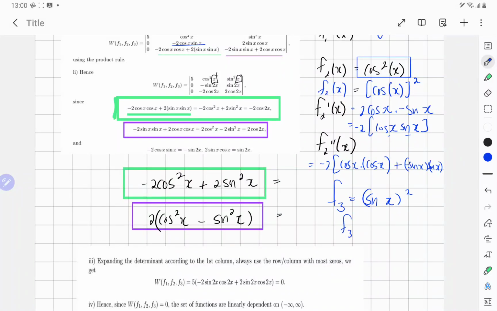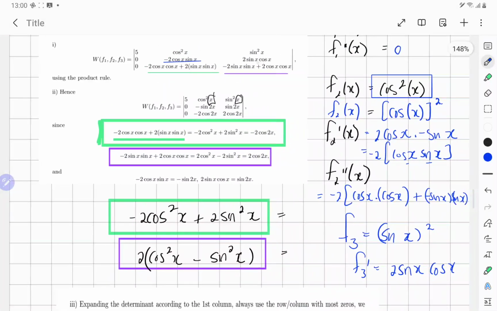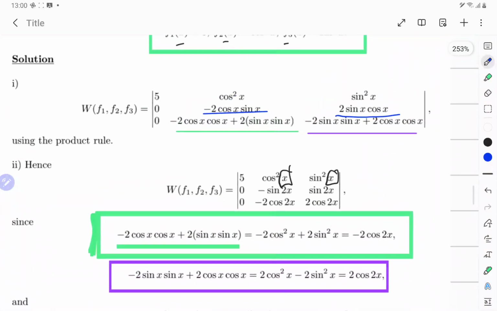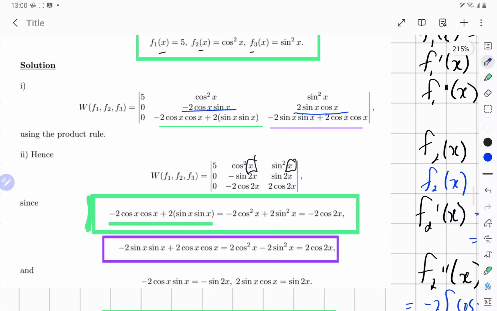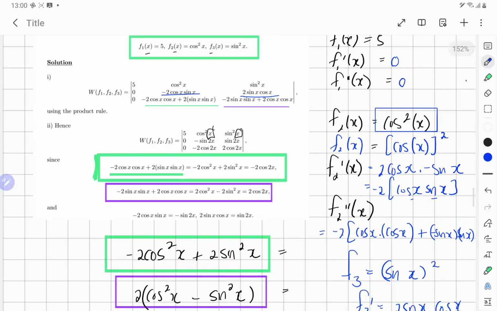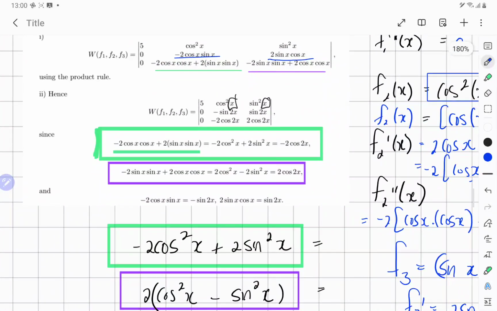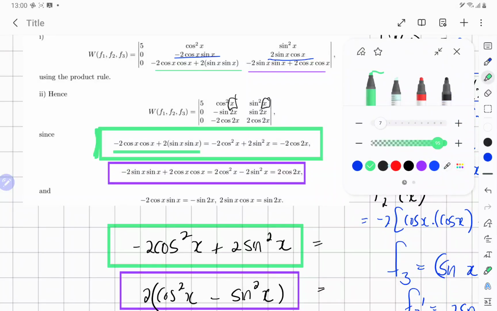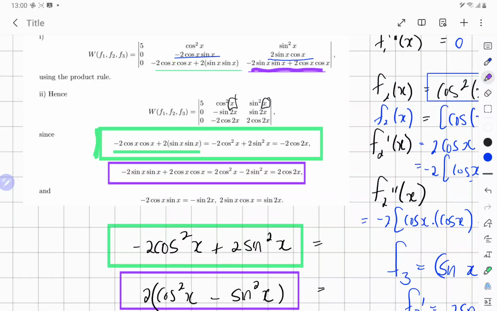My f3 prime will be 2 sine x cos x. And now I'm not going to do the second derivative. You can try it by yourself. It's just the product rule, and that is my purple line.